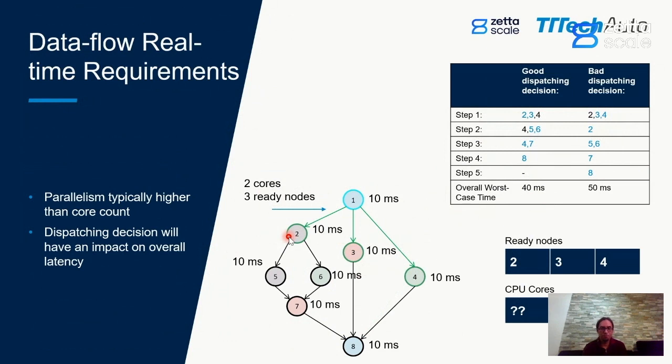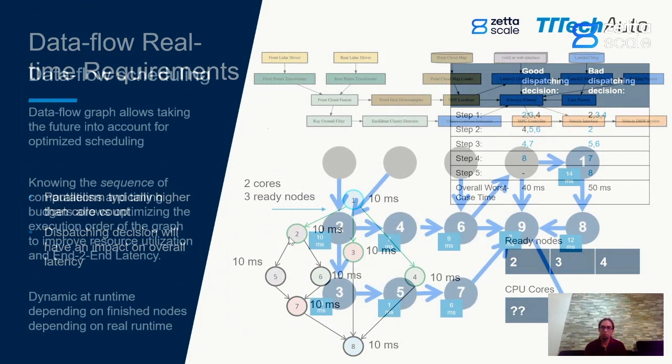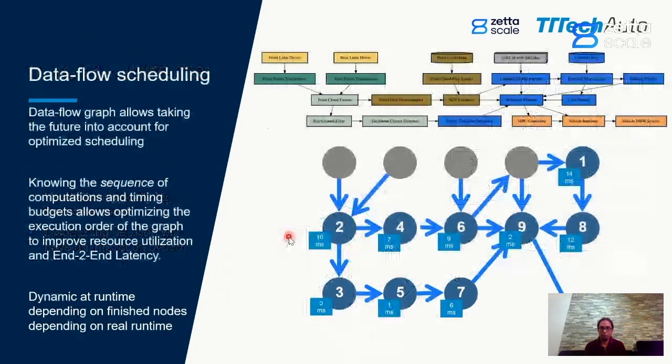So we have all this timing information available, these timing contracts. We know the graph, so we can introduce data flow scheduling into this. So we can really analyze the graph offline, take this timing, run some heuristics. Scheduling is NP complete, so we can never find an optimal schedule, but we can run some heuristics that optimize the critical path.